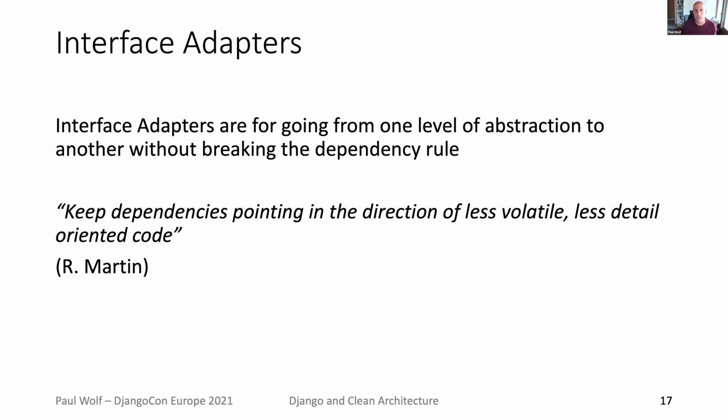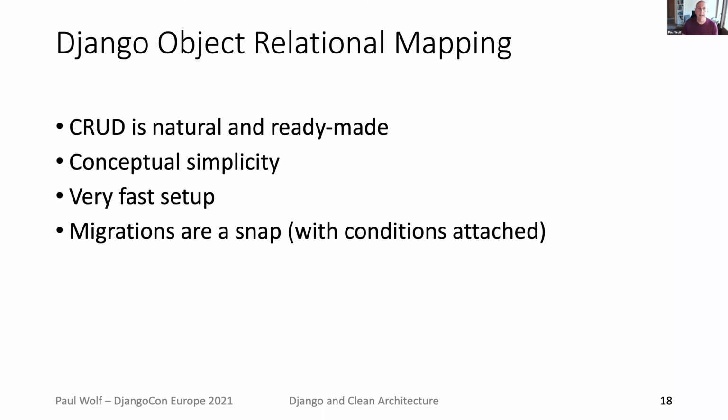Just so you know, those are synonymous. So we want to use interface adapters to just keep the dependencies pointing in the direction of less volatile, less detail-oriented code. Now, I really consider the Django ORM to be a pretty critical part of the Django framework. It would be hard for me to imagine using Django without using the ORM.